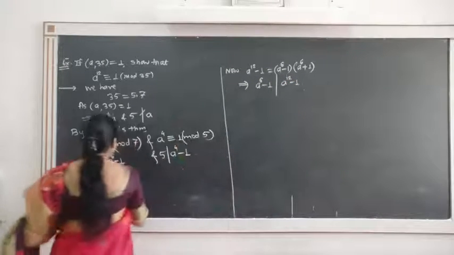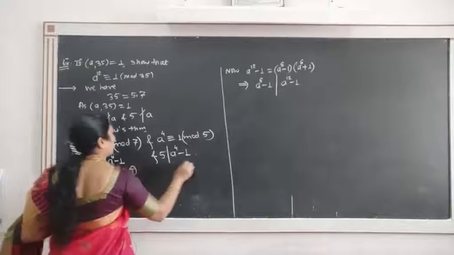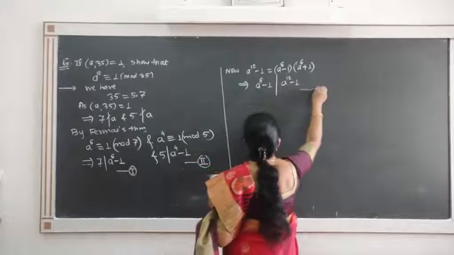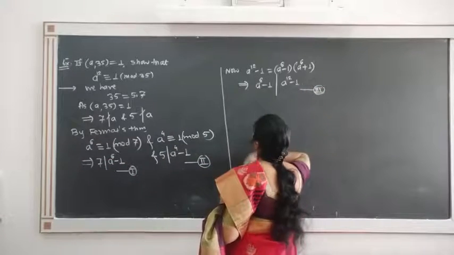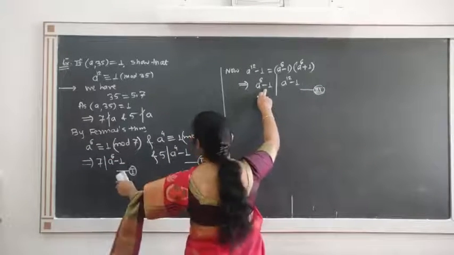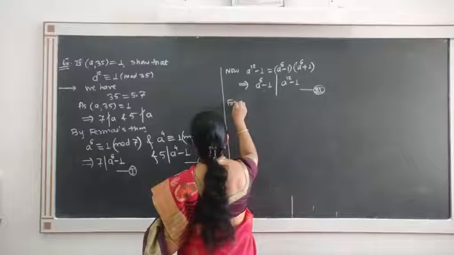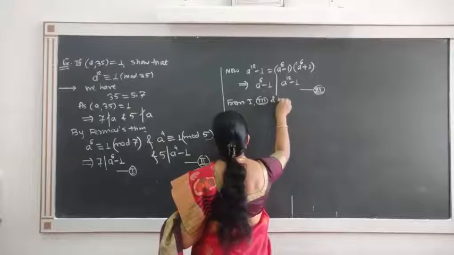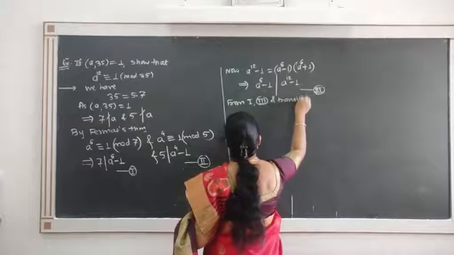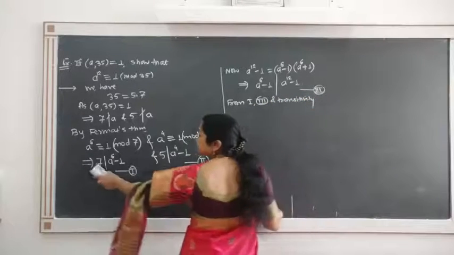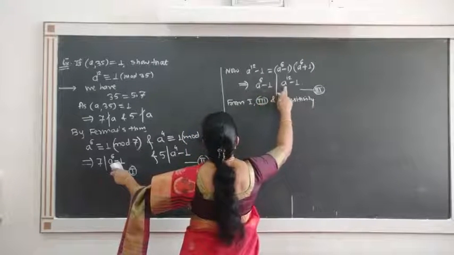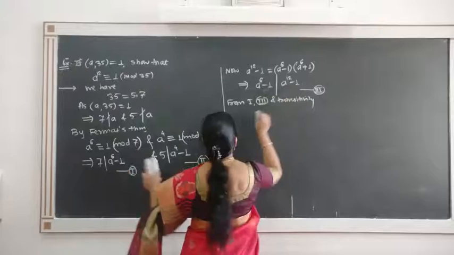Now see this first and third. So from first and third combine and using transitivity, 7 divides A raised to 6 minus 1, and A raised to 6 minus 1 divides A raised to 12 minus 1.